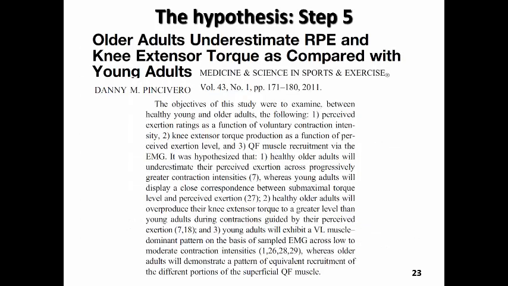On this slide here, this is an excerpt from a research paper published in 2011 that examined what's called RPE, or ratings of perceived exertion, and muscle strength between young adults and older adults. This is a copy and paste of the final paragraph of the introductory section of the paper, prior to the paper getting into the methods section.